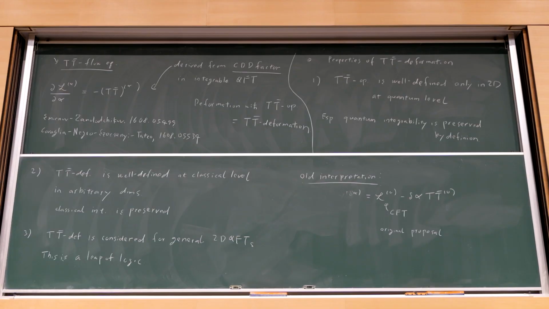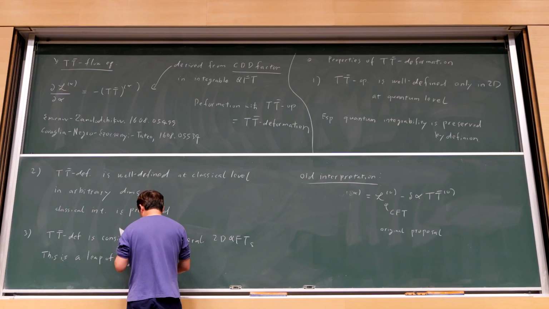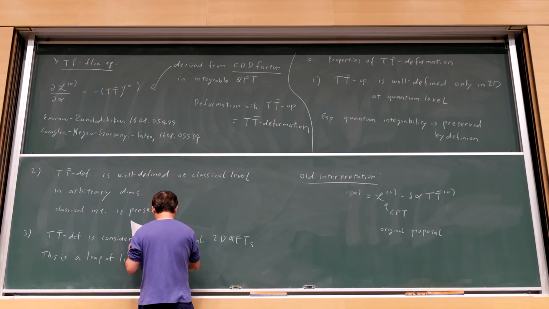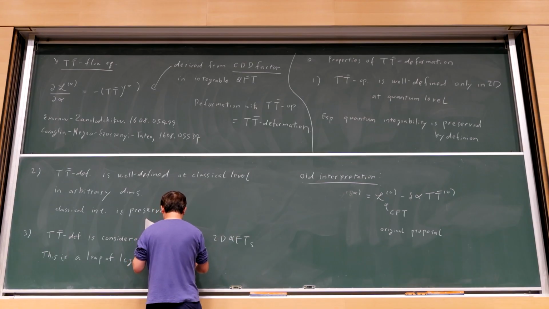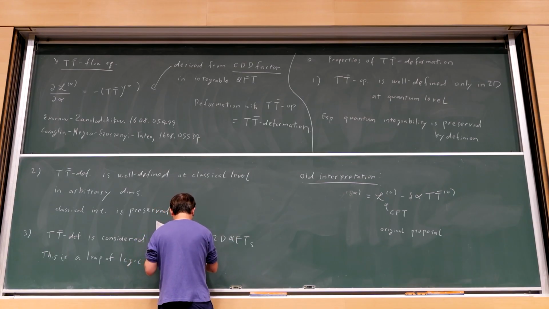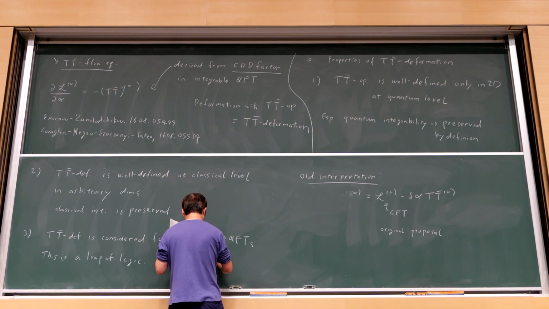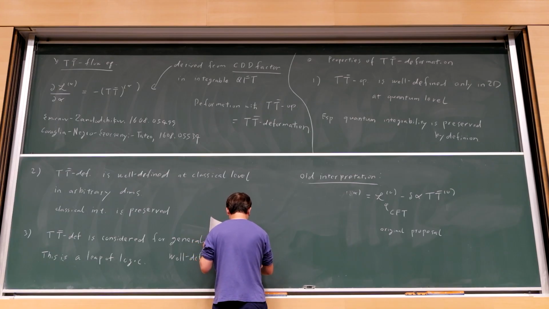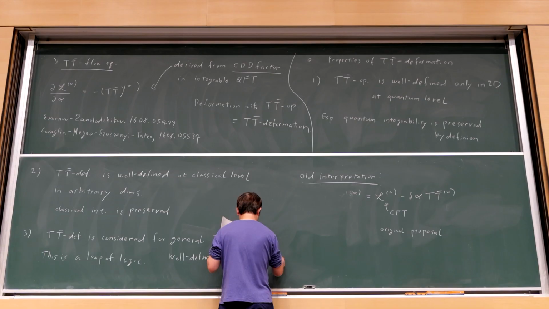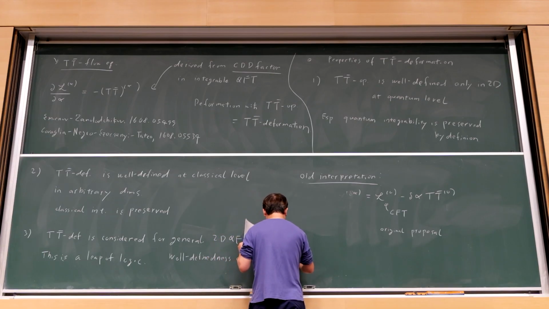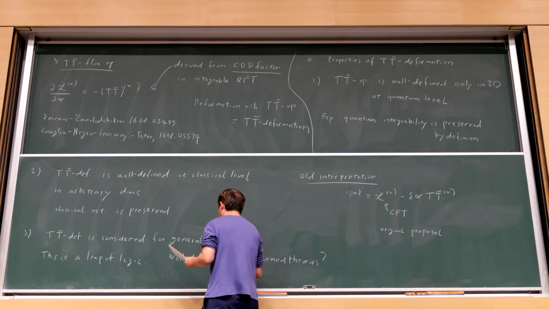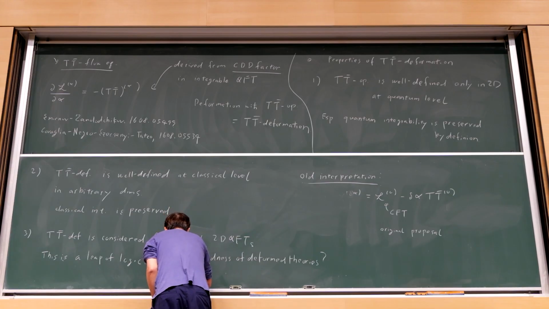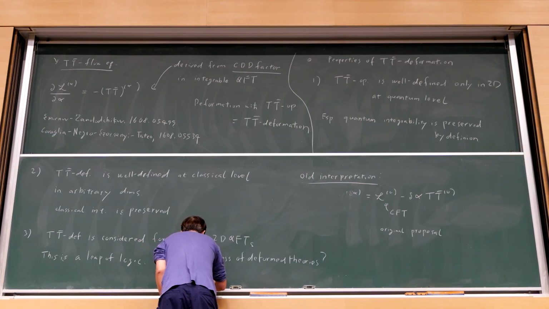So then we are not so sure about the well-definedness of the Hamiltonians. So especially, we are not so sure what is the correct Hamiltonian at quantum level.